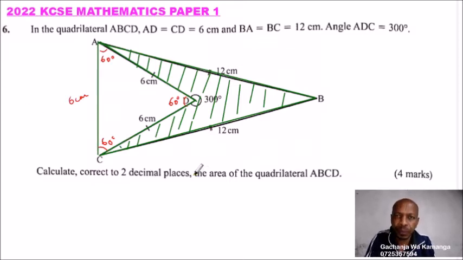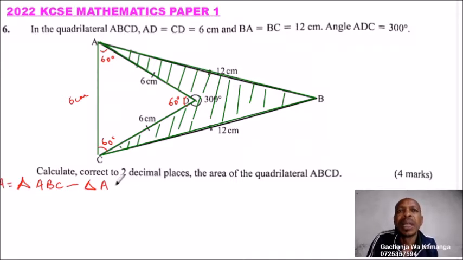Now, if we get the area of triangle ABC, and we subtract the area of triangle ACD, we should be able to get the area that I've shaded.